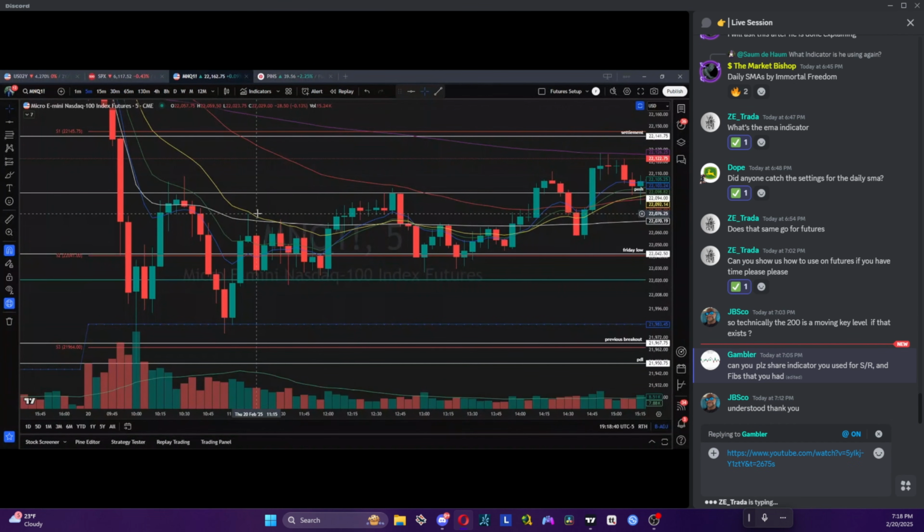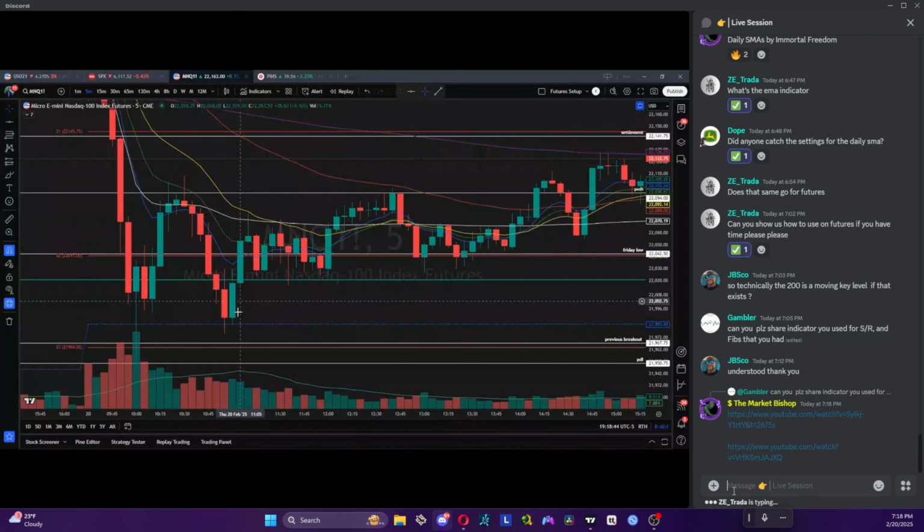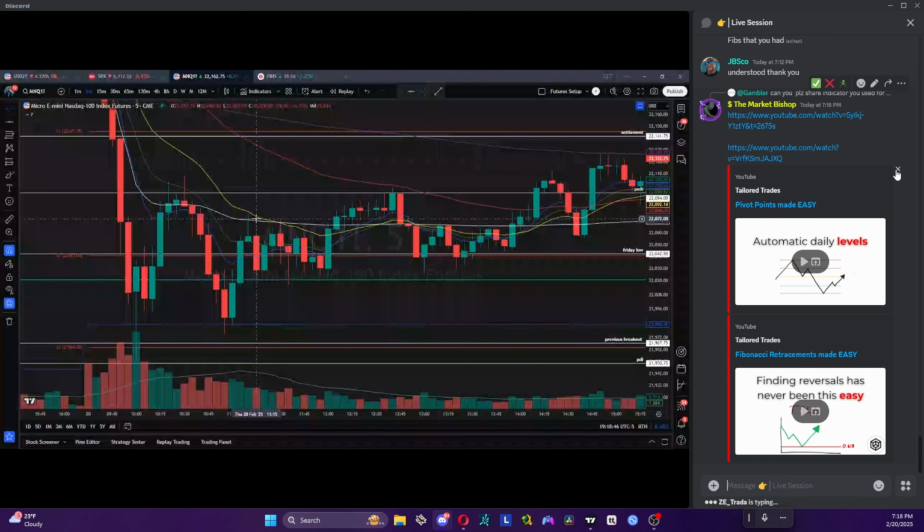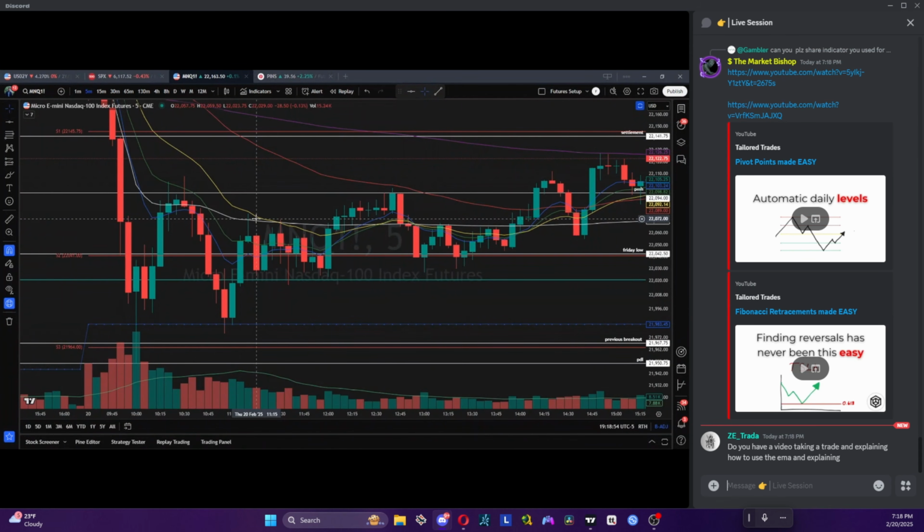You know what I mean? I don't care where it's going at that point because on futures this is a massive move. Make sense? But yeah, I have VWAP up at all times. But explaining what VWAP is and how it's calculated is a completely different thing for another time.